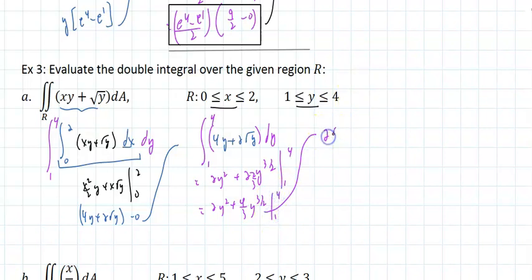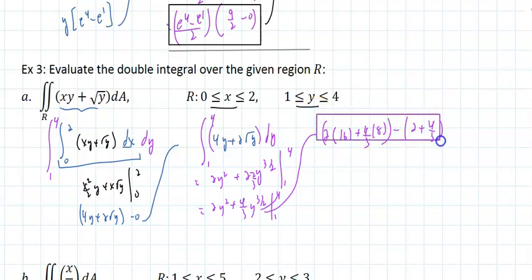That is 2 times 16 plus 4/3. If you square root y, you get 2. Cube it, you get 8. Minus, put the 1 in, that's 2 plus 4/3. Again, on a test, this is all I want. You don't need to go any further. For the homework, you really want to match it with the back of the book.